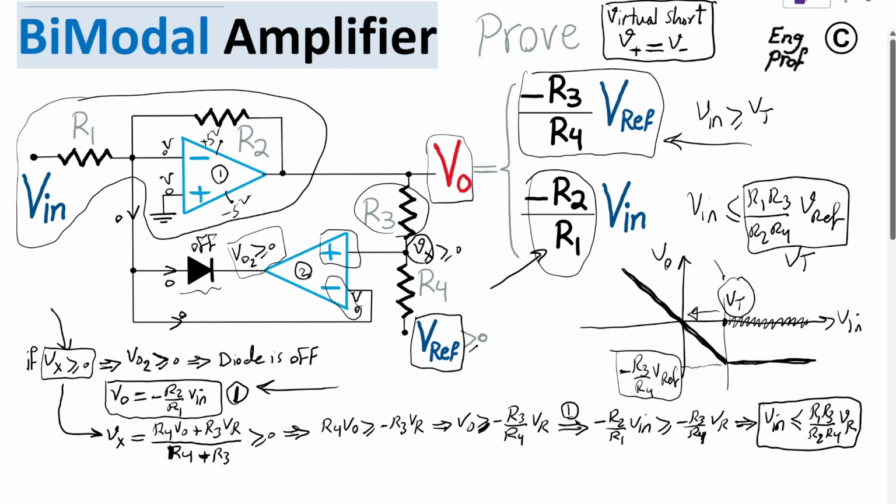Okay, so when that is not the case, basically we are chasing the first line, Vout equals negative R3 over R4 times Vref. Why? I'm going to pursue that here.